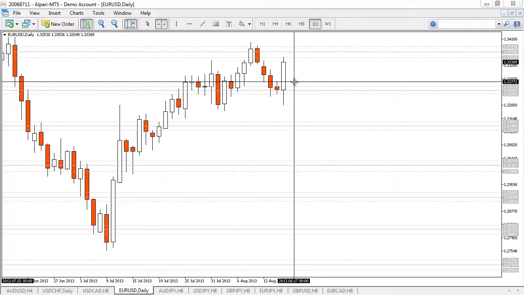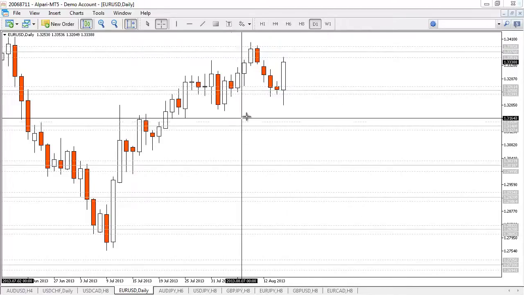But for the most part, I don't tend to pay too much attention to the news, because if you start staying out of the market every single time there's a red report on Forex Factory, you're going to miss so many trading opportunities. And the other thing about news is that it tends to be factored in well before the actual release comes out.